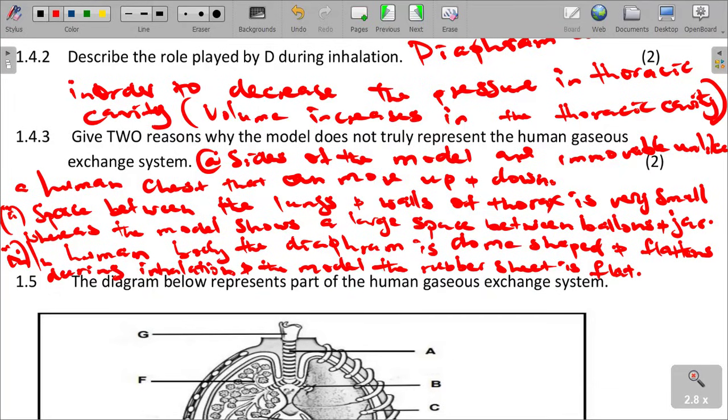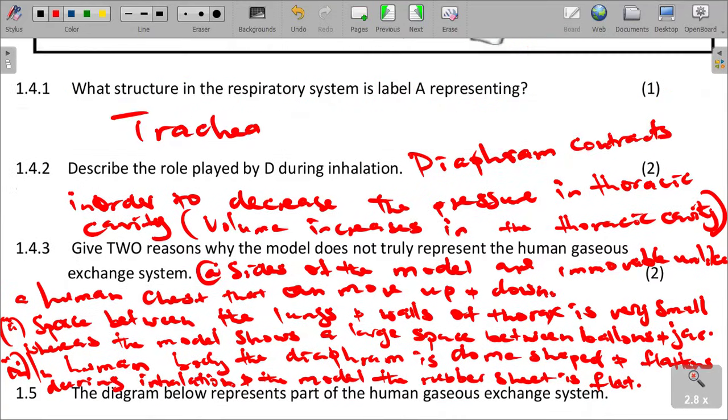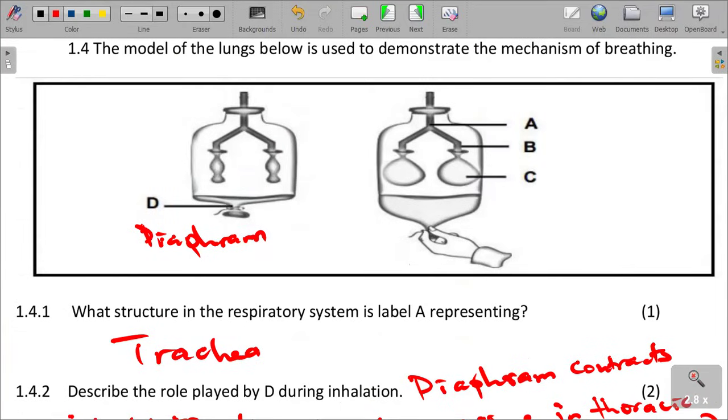In the model there is a lot of space available, so greater pressure is placed on the balloons in order to cover up the space between the glass jar and the balloons.